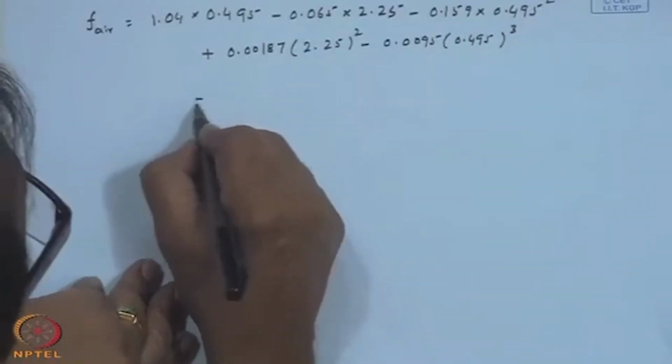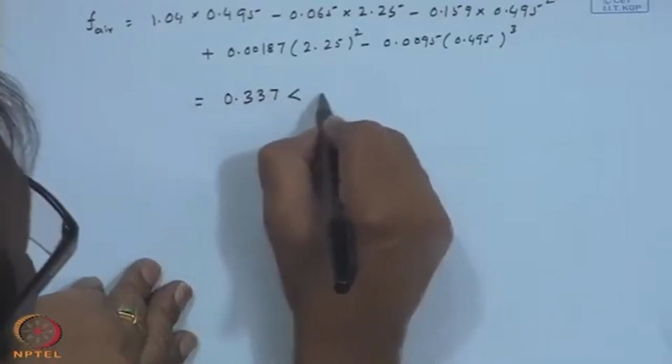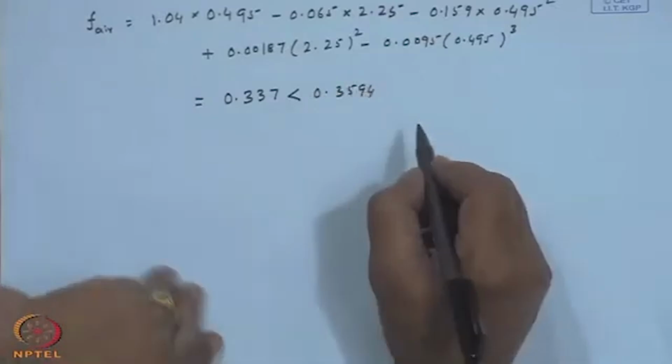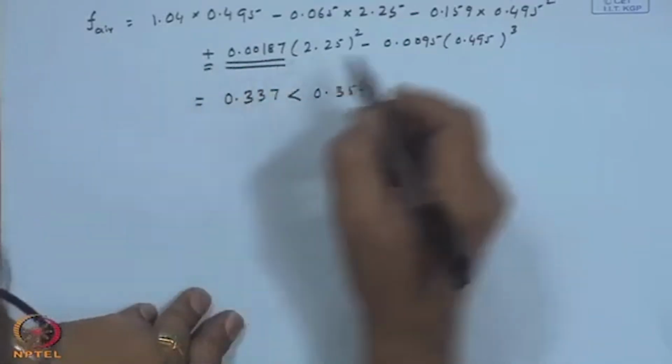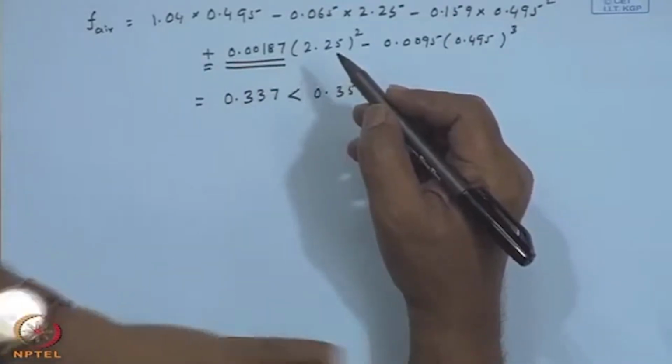This turns out to be, surprisingly, 0.337, less than your previous value 0.3594. So, this is actually attributed to this term with a plus sign, and Xc has increased when the flow rate is doubled relative to the standard flow rate.